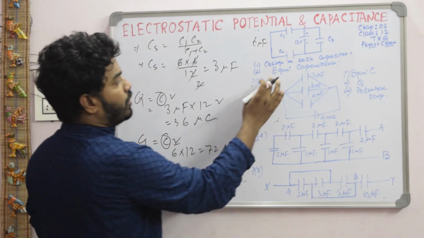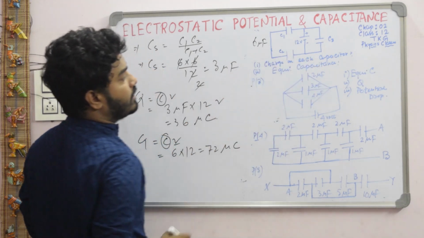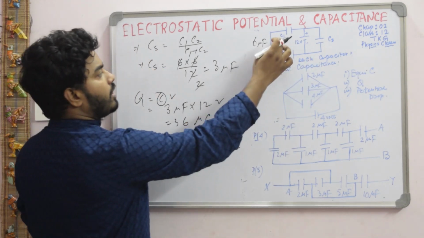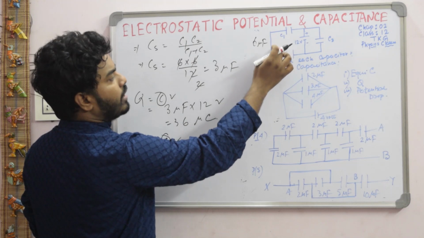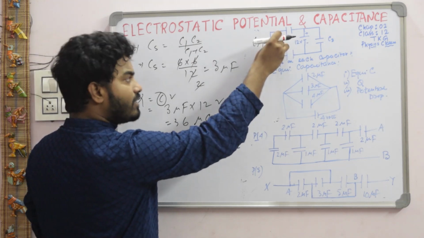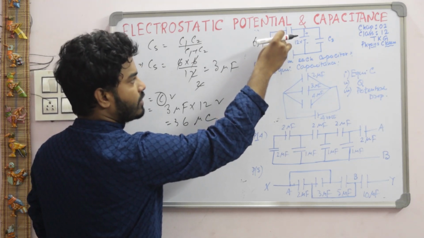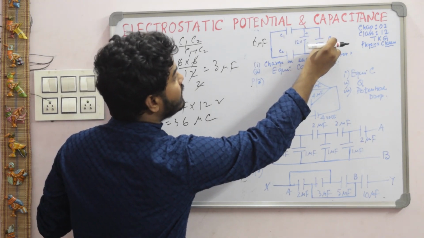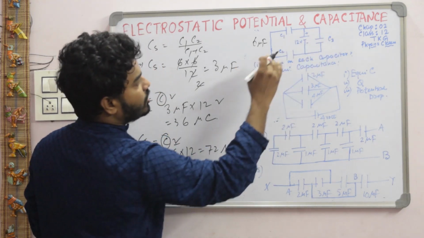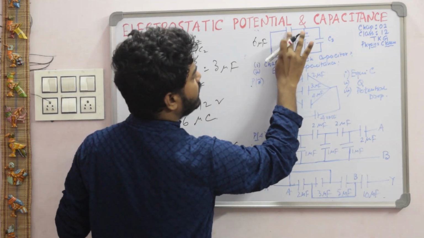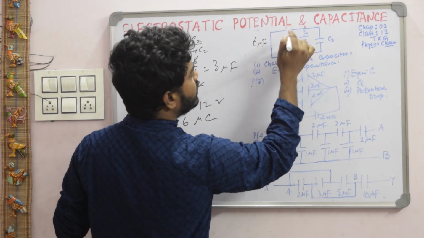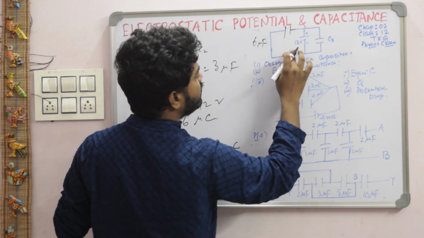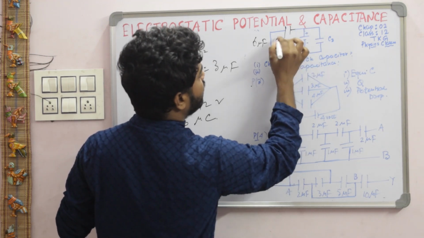Now question 2, we have to find the equivalent capacitance. The equivalent between C1 and C2 is 3, and this 3 microfarad is connected across C3 in which combination? Just check, simplify it. C1 and C2 give a single capacitor, and this capacitor is 3 microfarad.